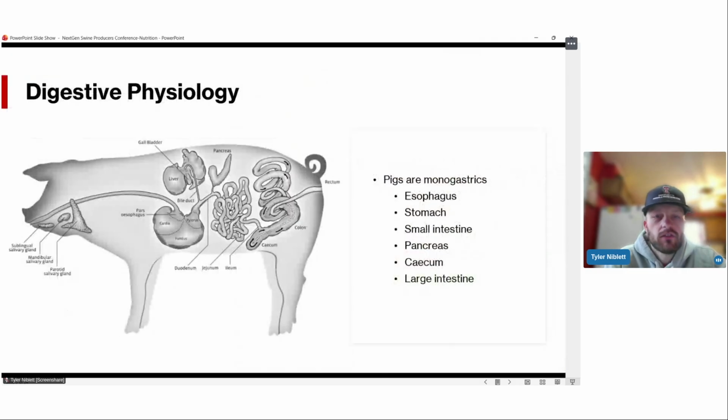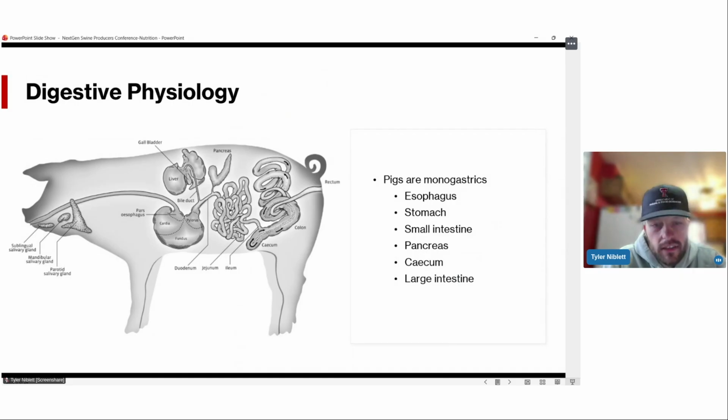So this slide here represents the digestive physiology of a pig, the basic gastrointestinal tract, if you will, beginning at the mouth with some salivary glands going down through the esophagus towards the stomach, followed by the liver and the pancreas, which puts secretions into the small intestine, specifically the duodenum.